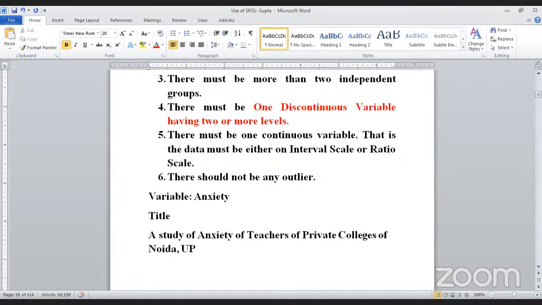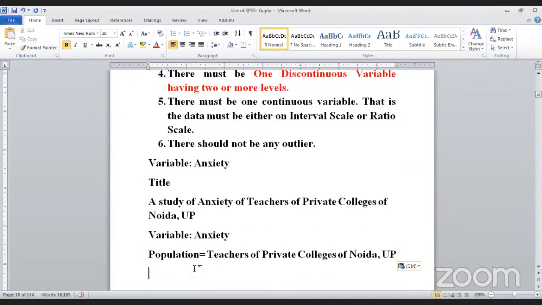Say this is my title, and in this title, this is the variable. So your title must have a variable. The variable here is anxiety. Then your title must give you your population: teachers of private colleges of Noida, UP.